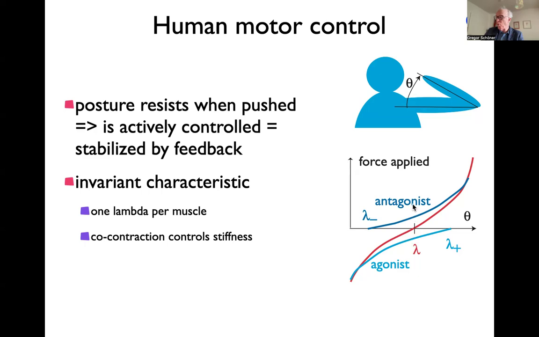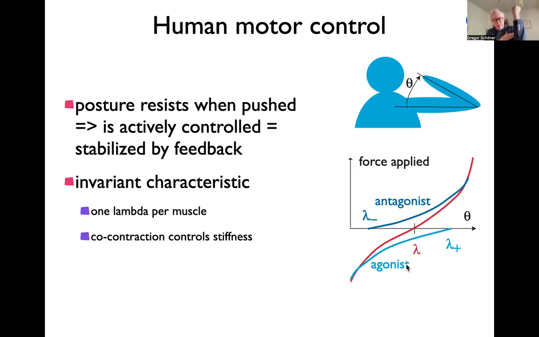By having these two opposing muscles, you can make sure that they both make some force. Like, at this equilibrium position, the net torque is zero, but there's a force from the agonist and from the antagonist. So they pull in opposite directions. And that gives your joint a certain stiffness. In fact, the slope here is determined by this co-contraction. Both muscles are active. When you show your biceps, you're doing that, right?